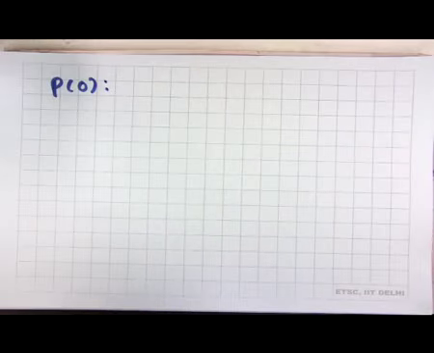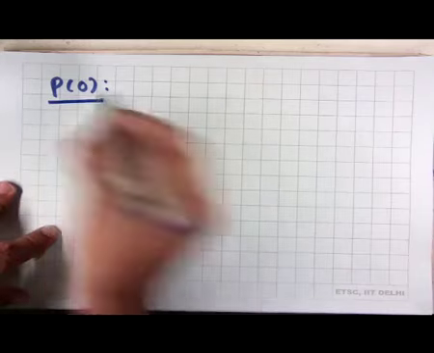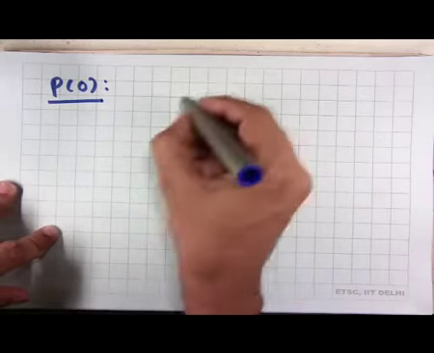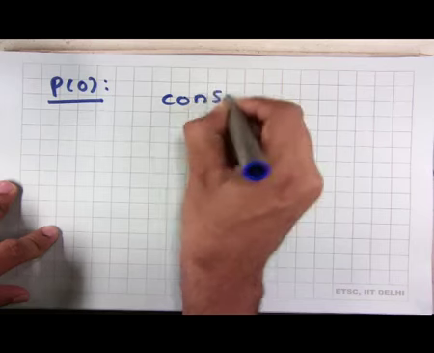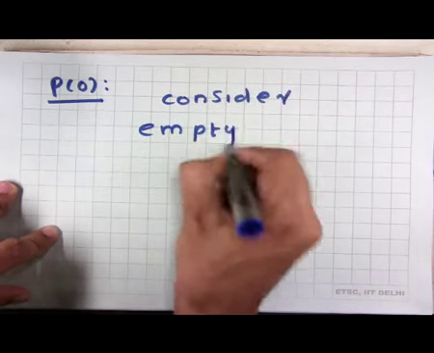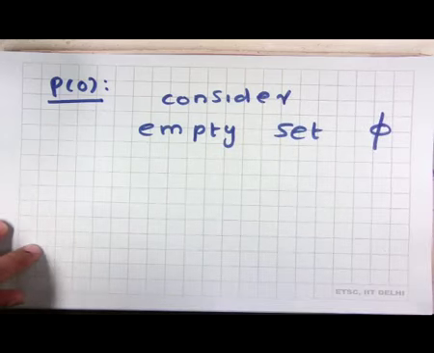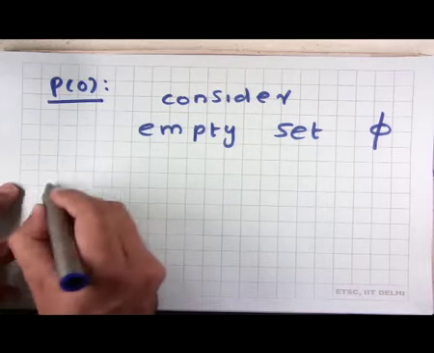You have to consider a set with 0 elements. A set with 0 elements is the empty set. What are all its possible subsets?